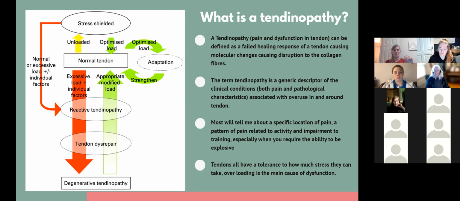On my little diagram now, you will see the normal tendon. With excessive load, we go on to this next bit, which is called reactive, meaning you've made it unhappy. It tells you to stop, and when you stop, it stops. Cool. And we can go back to a normal tendon. And that's why this cycle comes in.